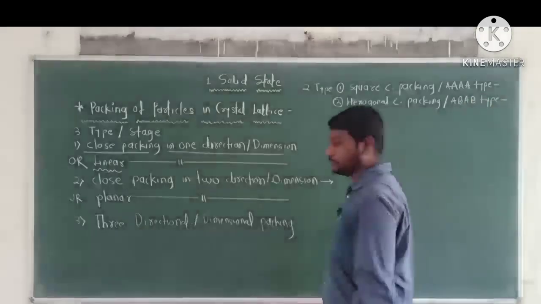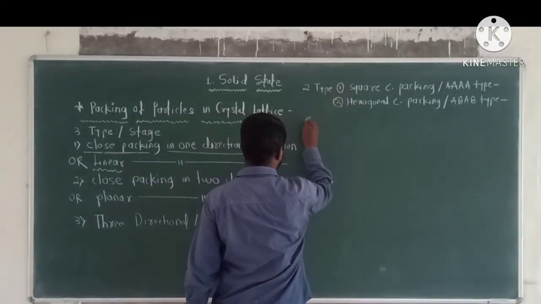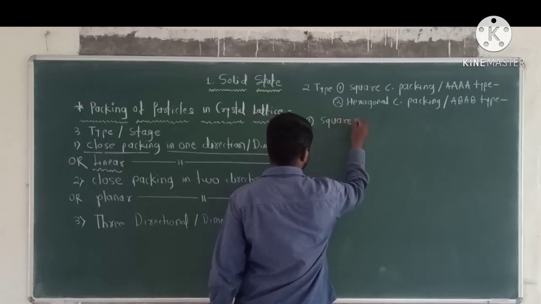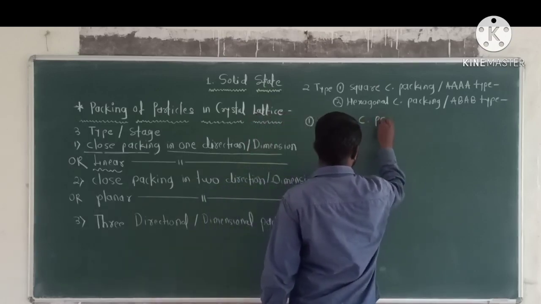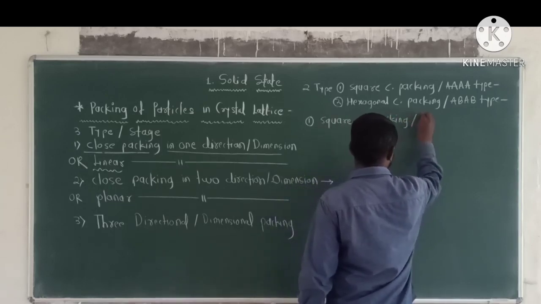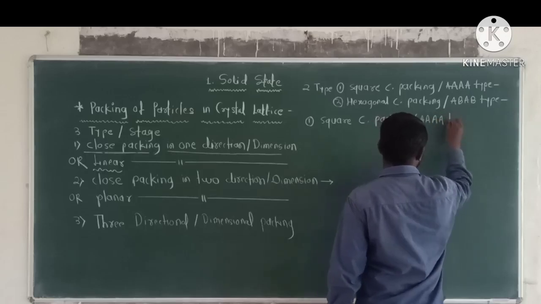Okay. Now let's discuss the first type, square close packing, which is also called AA type.